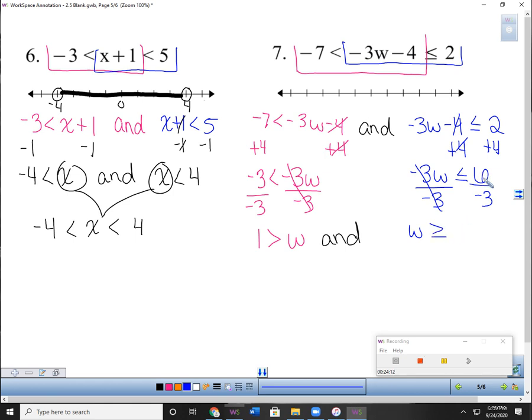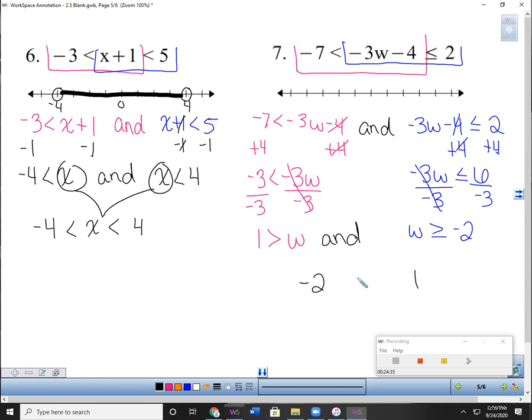So 6 divided by negative 3 is negative 2. Now, if you look at these, you gotta be a little bit careful because if your bigger one is over here, that's actually going to go on the right-hand side. Always think biggest and smallest. So my smallest would be negative 2, and my biggest would be 1.